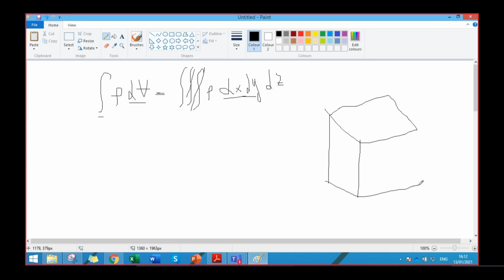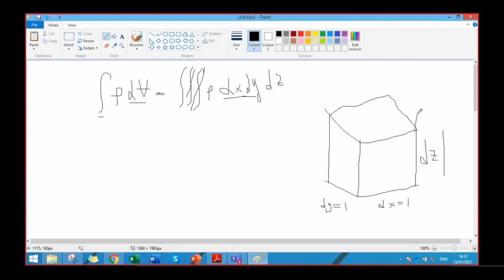Its volume would be equal to, this is the dz direction, this is the dx direction, and the one into the page is dy. I say dy is a fixed value of, let's say, 1, dx is a fixed value of 1, but dz is a variable.